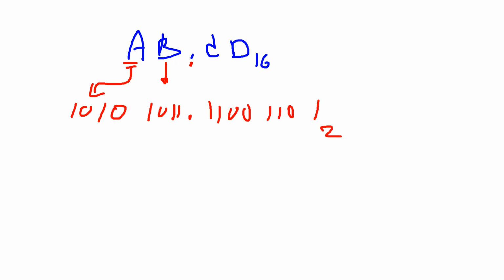That is finished easily. Or if you want to convert from binary to hexadecimal, you just group 4 bits, and then you can convert back to hexadecimal.